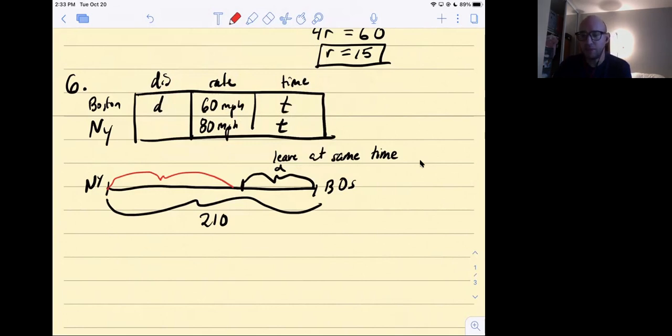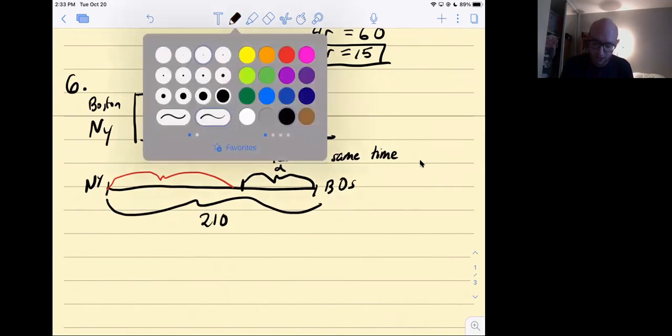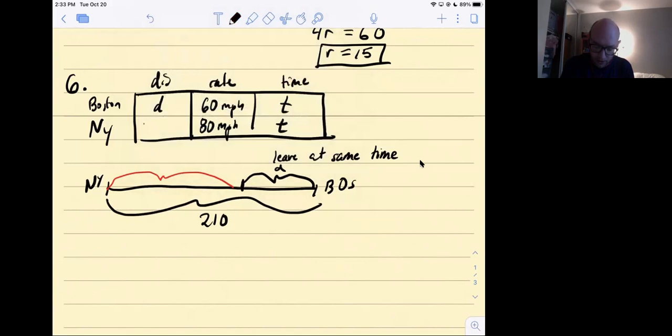And that's something to be aware of when you're doing these distance problems: sometimes you have round trip problems, sometimes you have two trains catching up to each other. But in problems where they're meeting each other from different locations and you know the overall distance apart, it's nice to write the second distance as 210 minus d.